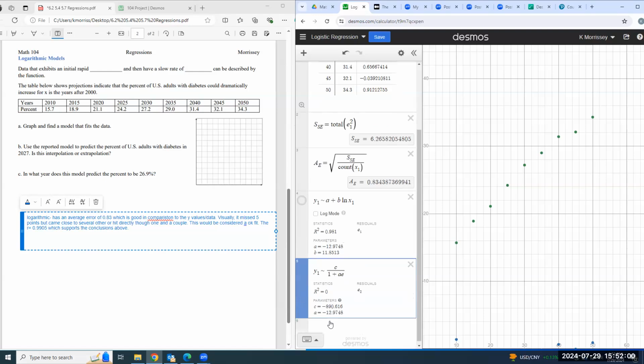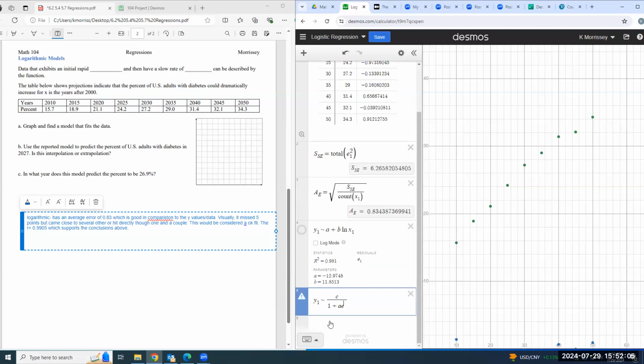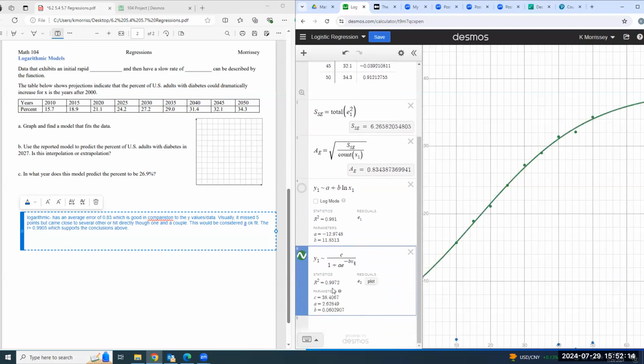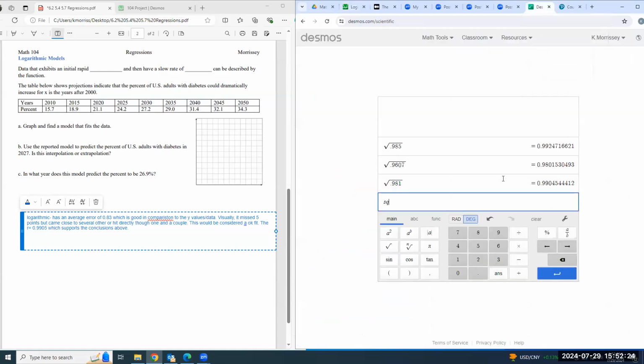Now this e is going to be considered that irrational number that we talked about back in chapter 5.1. What's nice about this is that it actually pulls up your correlation coefficient for us. So we can see your correlation coefficient for this one, r is 0.9986, right?